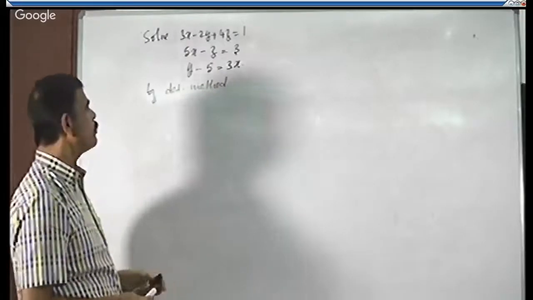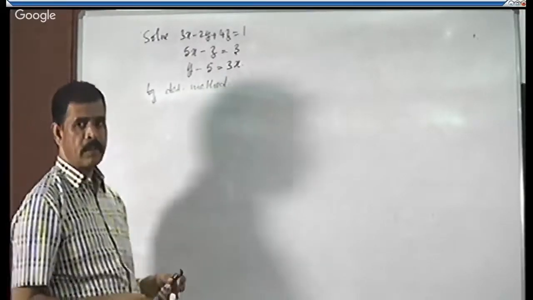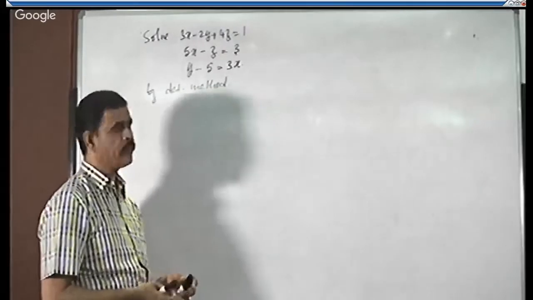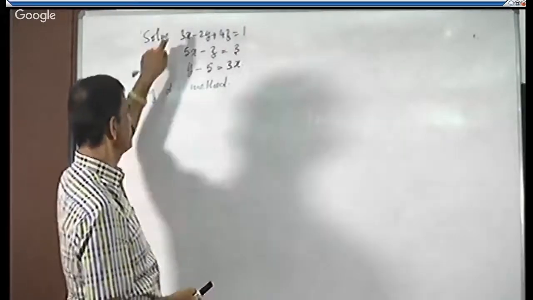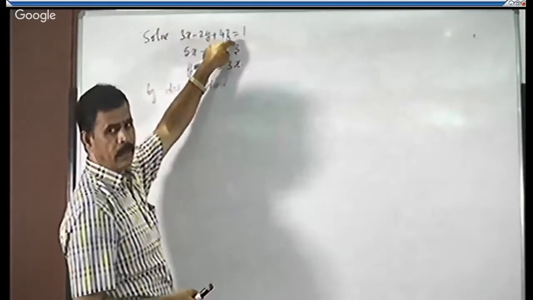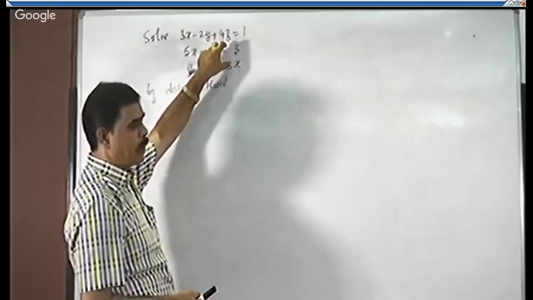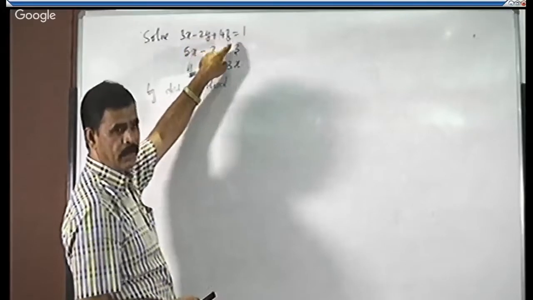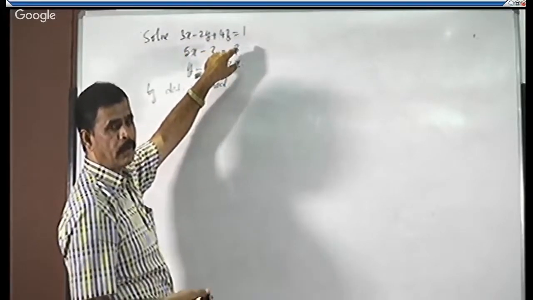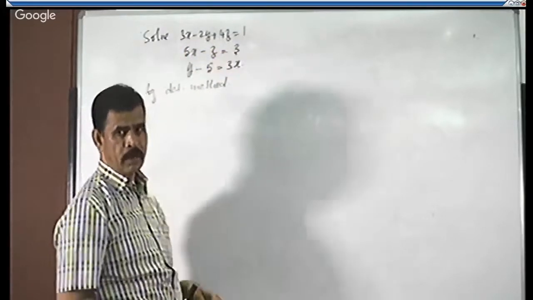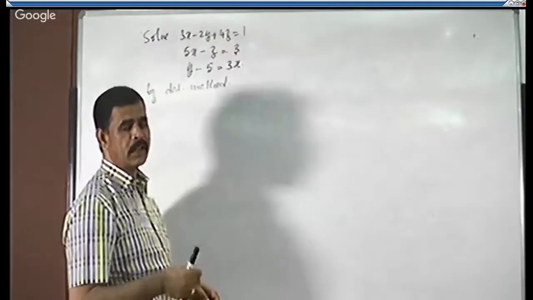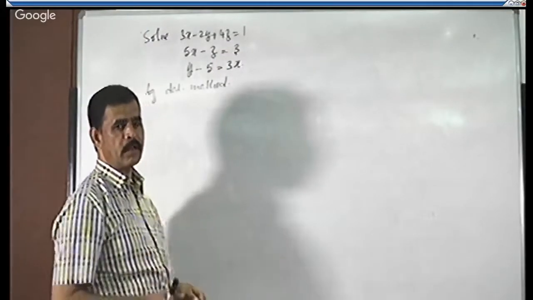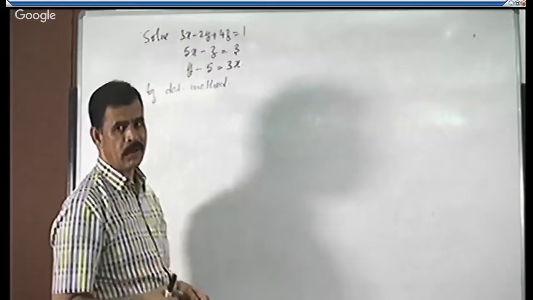See the equations. How many equations are there? 3 equations. Hence, we have three unknowns: x, y, z. Please remember the unknowns here are x, y, z. In some problems, the unknowns may be p, q, r, or t1, t2, t3, or r1, r2, r3.